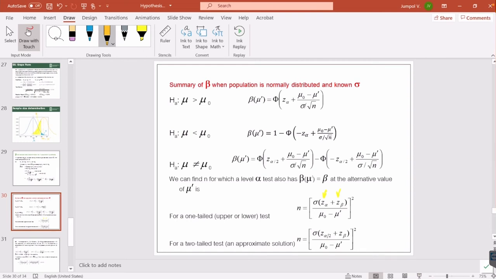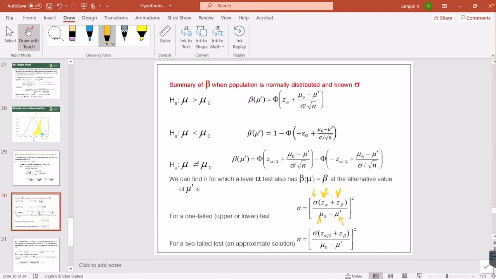We also need the standard deviation, hypothesized mean and real mean as parameters. In order to have Z alpha and Z beta, we have to specify alpha and beta.